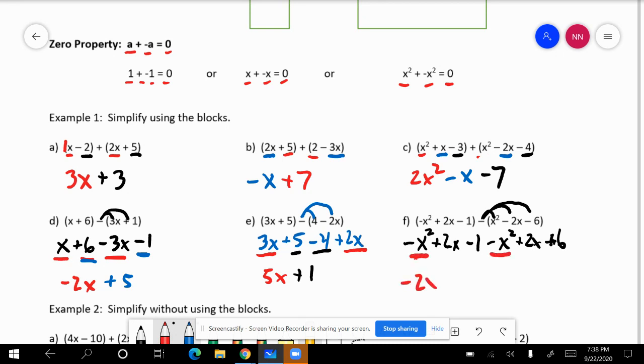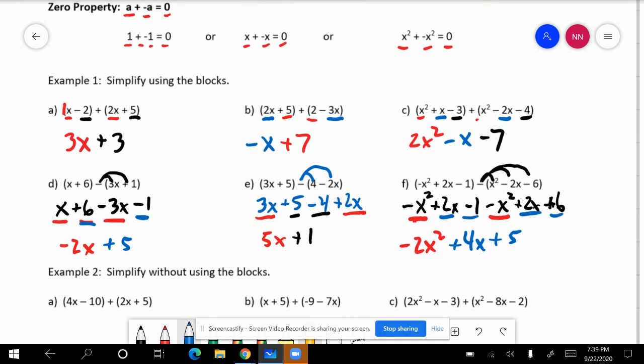That's negative 2x squared. Then we're looking at the 2x and the 2x. That gives us 4x. And our last one, we have the negative 1 and the 6, which gives us positive 5.